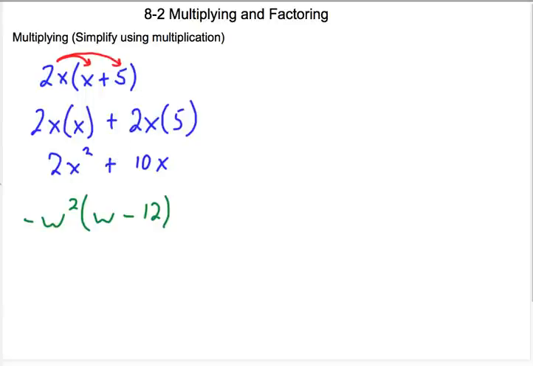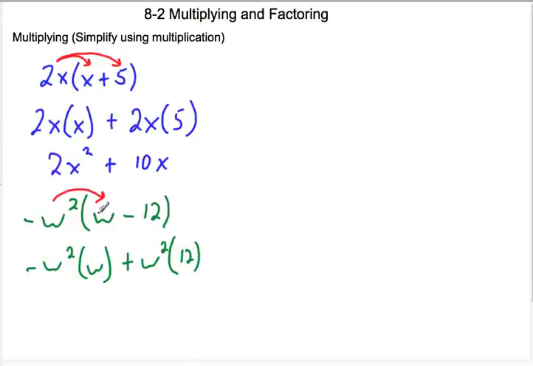All right, moving on to the green one. Again, same thing. We're going to multiply this negative w squared times w, and then we have a negative w squared times negative 12. So that's going to end up being positive, right? So we're going to have positive w squared times 12.